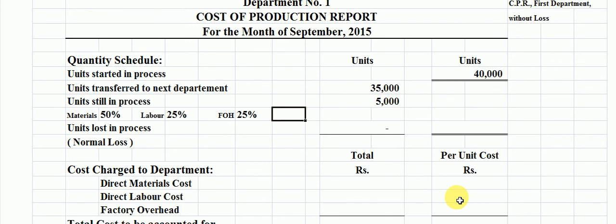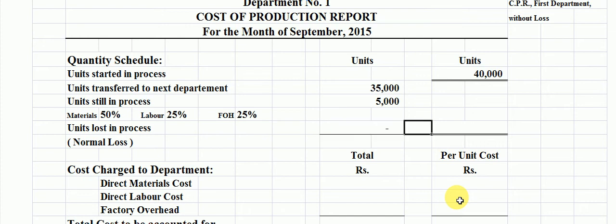Students, the degree of completion is 50% complete as to material and 25% converted. Converted means labor and factory overhead. Units lost in process is not given.